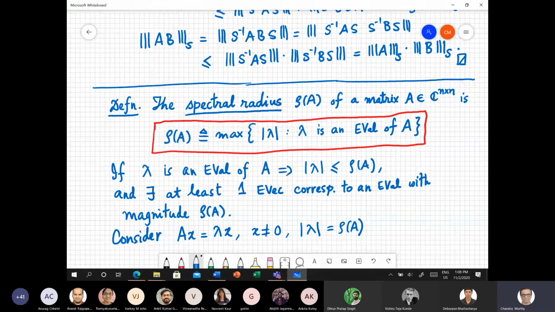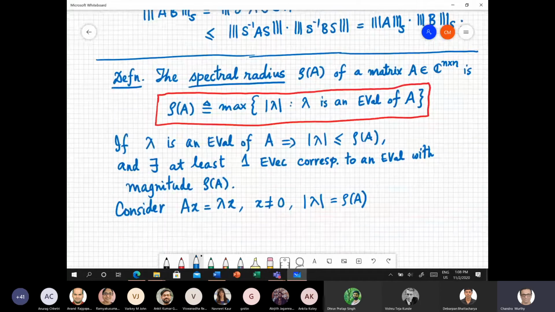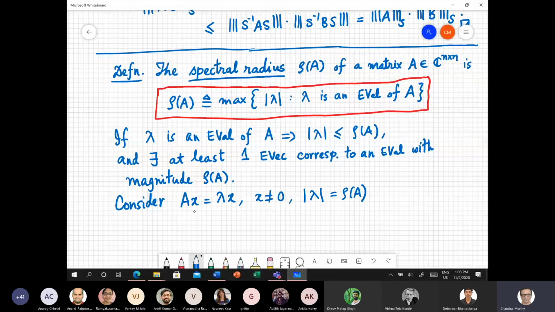Now let me continue with this argument. Suppose I consider the particular eigenvector corresponding to rho of A. There is some lambda corresponding to rho of A, and corresponding to that eigenvalue there is an eigenvector x that satisfies Ax equals lambda x. Now I'll consider a matrix X of size n cross n, whose columns are all equal to x.